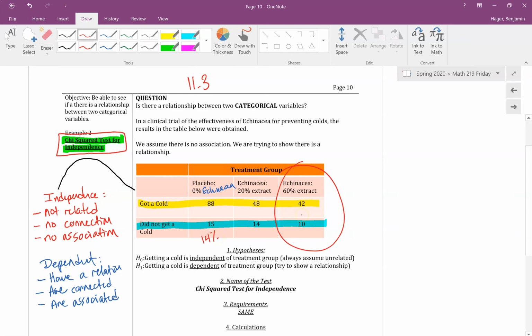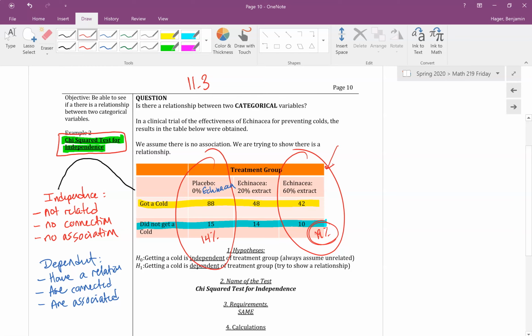There's 52 people there, and 10 got a cold. That's 19.2%. So comparing the two groups here, the people that took no echinacea supplements and the people that took 60% echinacea extract supplement, you could see that more people here did not get a cold. More people were able to avoid the cold by taking echinacea.